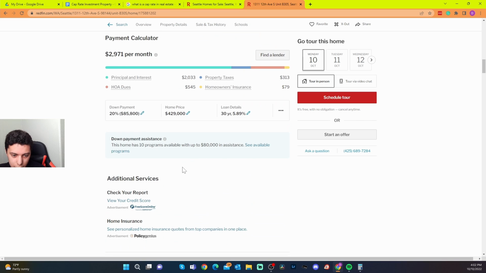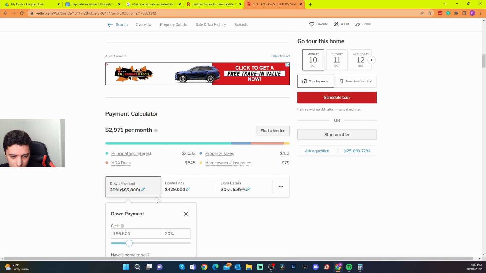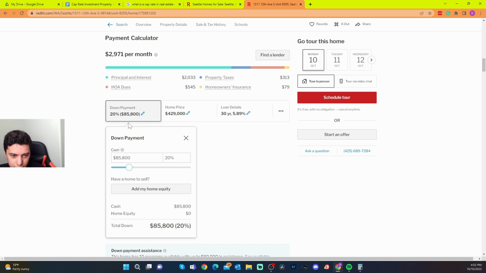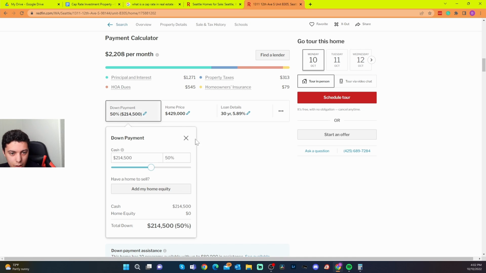Basically Redfin does this whole monthly calculation. If you put 20% down, it tells you exactly how much that is. If you put 100%, it's that. If you put 50%, it tells you that too.